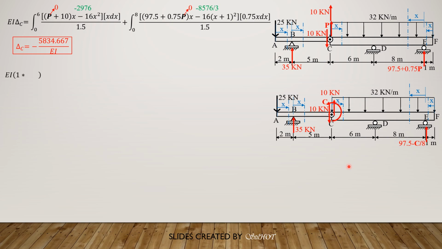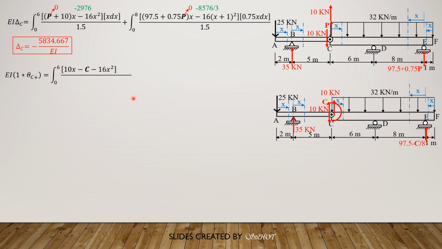So that's it. For EI theta C, we begin with section CD because the derivative of moment in section AB and in section BC would be 0. There's no couple function here; the moment is not a function of C. So we start with section CD. It is equal to the integral of quantity 10 minus C times x, minus 16x squared.